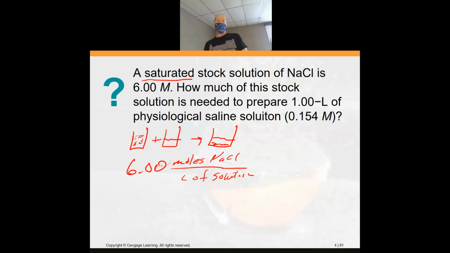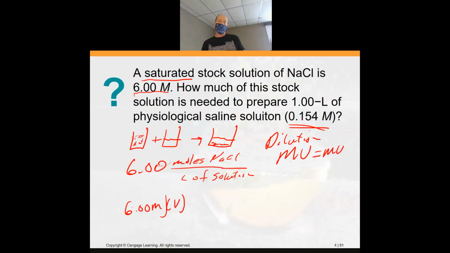All right, so how much of this solution is needed to prepare 1 liter of 0.154, which is physiological saline solution? So now we're doing a dilution. We have something that is more concentrated, 6 molar, and we want to make something that is less concentrated, 0.154 molar. So for all dilutions, MV is equal to MV, diluted, undiluted. It doesn't matter where you put it, but if you're putting the 6 molar on the left side, then we need the volume of the 6 molar.